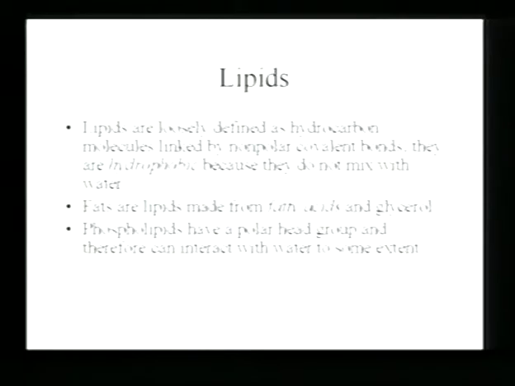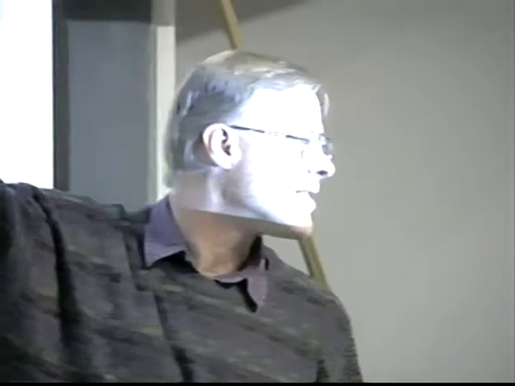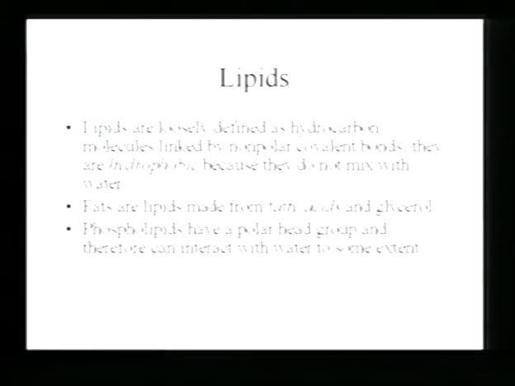Phospholipids are a special case. Phospholipids are also made from fatty acids and glycerol, but they have a polar head. In fact, that polar head is charged. It has a phosphate group. It typically has an amino group on it, and both of those are charged in the cell. So that interacts with water, whereas the rest of the molecule doesn't.